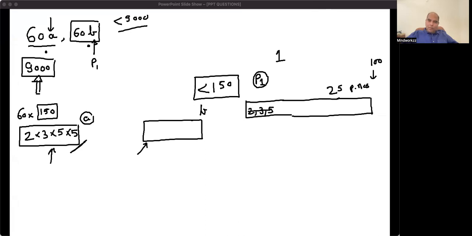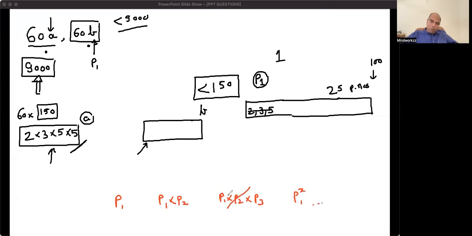See, where I'm heading to is this, that I can visualize that the value of B can be a single prime number, it can be a product of 2 prime numbers, or it can be a product of 3 prime numbers, or it could be powers of a single prime number, something like this.